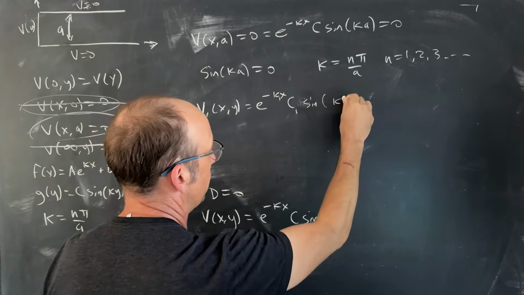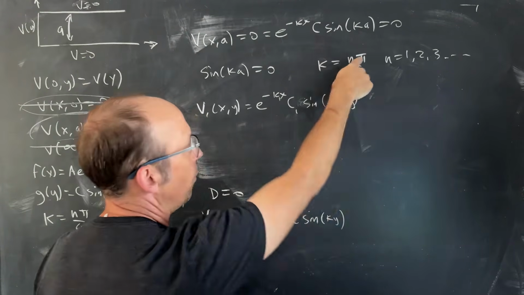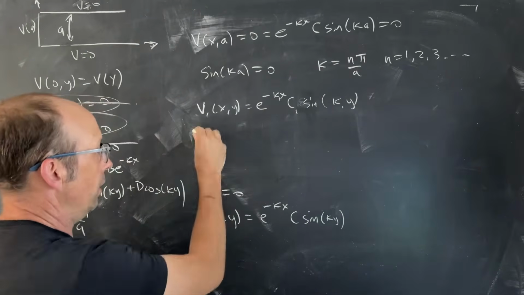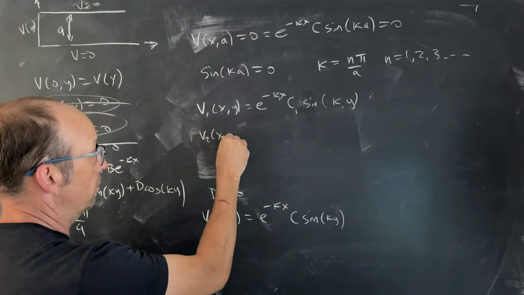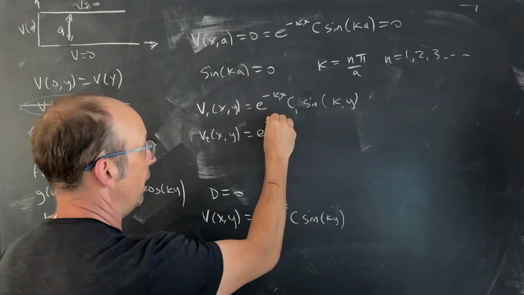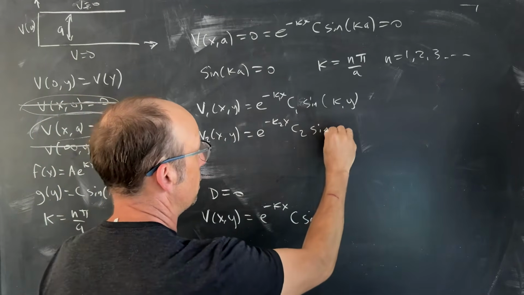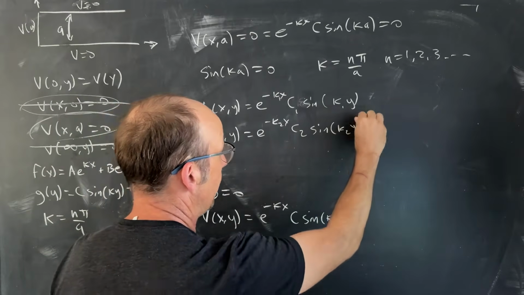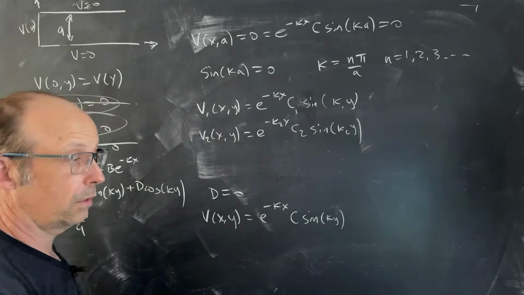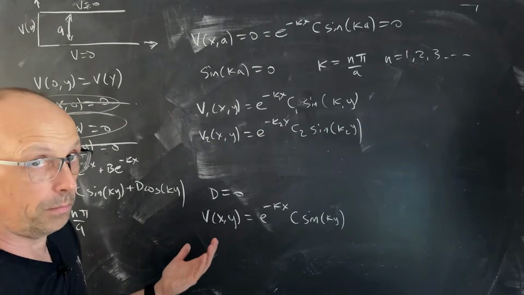This is k1, where k1 is pi over a. Well, then I could have v2, e to the negative k2 x, c2 sine k2 y. That's a solution too. Well, any value of n would be a solution.